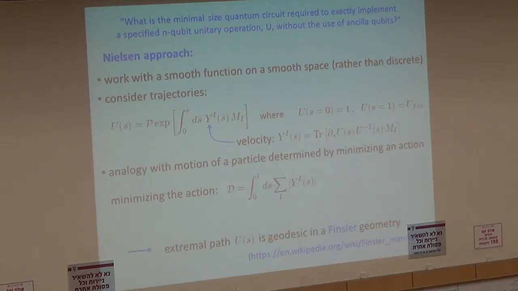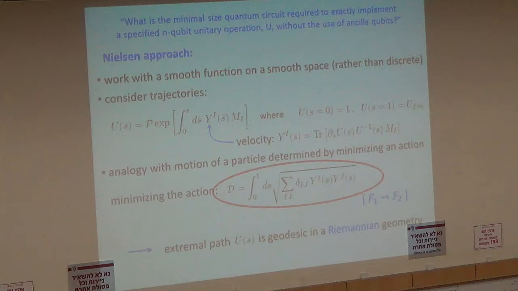The key idea, or what Mike was on to, is that if you think about this problem, this is a geodesic in something called Finsler geometry, which is very interesting, but I don't have enough time to tell you what Finsler geometry is, and so I put a reference to Wikipedia there. And you can go and explore the interesting possibilities. Instead, what I'm going to do is change the cost function, and I'm going to write it like this.